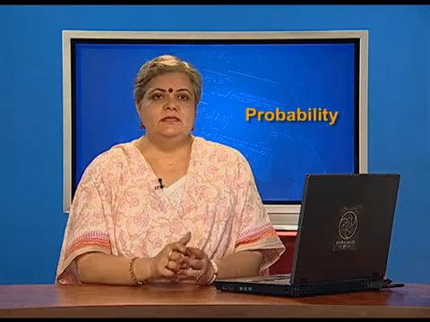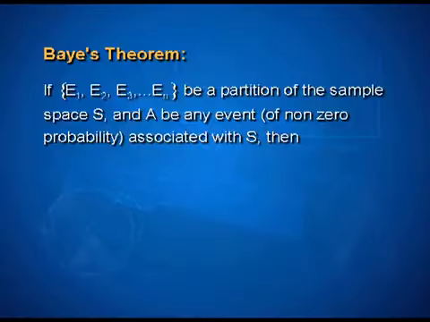The Bayes theorem states that if E1, E2, E3 up to En are partitions of the sample space S and A is any event of non-zero probability associated with S. So, these are the same things that we talked about in the total probability as well.